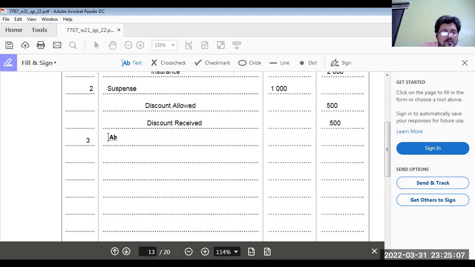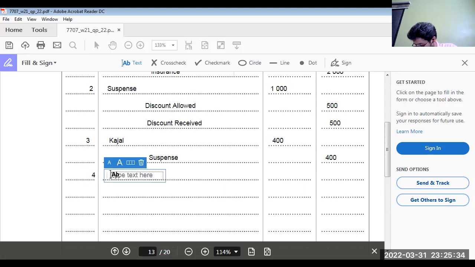So what we have to do is debit Kajal with 400, and we have to credit suspense. Done? Okay.